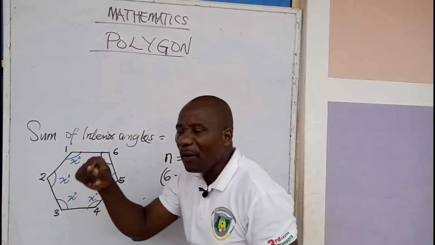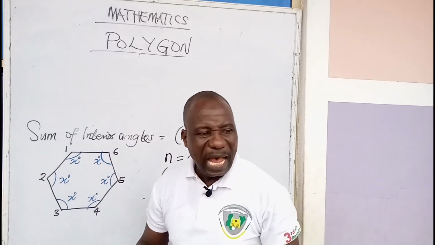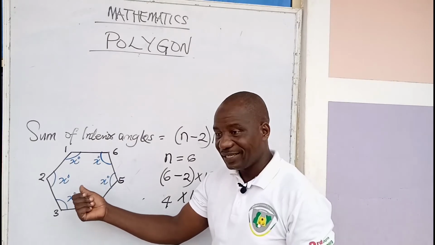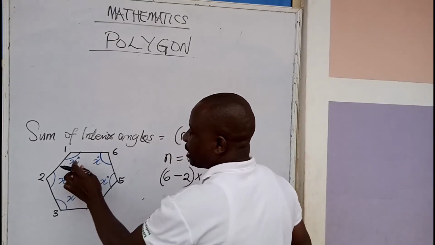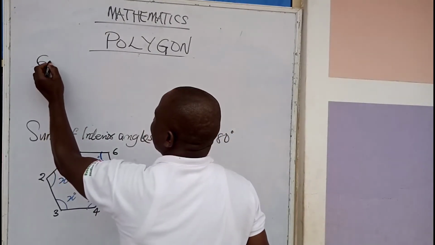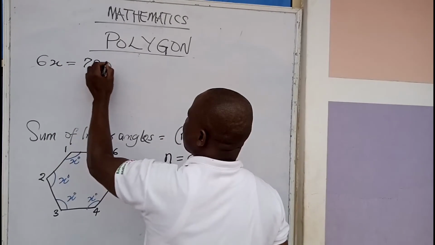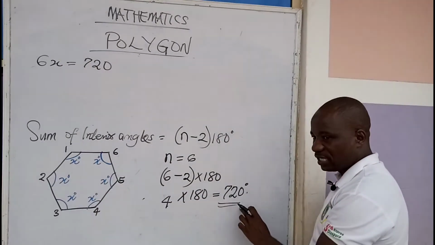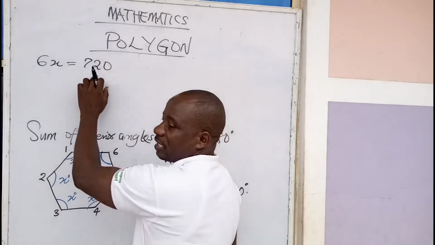So we can now find each interior angle. How many angles does this hexagon have? It has 6 angles. So I can say each angle is represented by x. 6x is equal to what? Is equal to 720, because the sum total is 720. And how many angles total to this 720? 6.